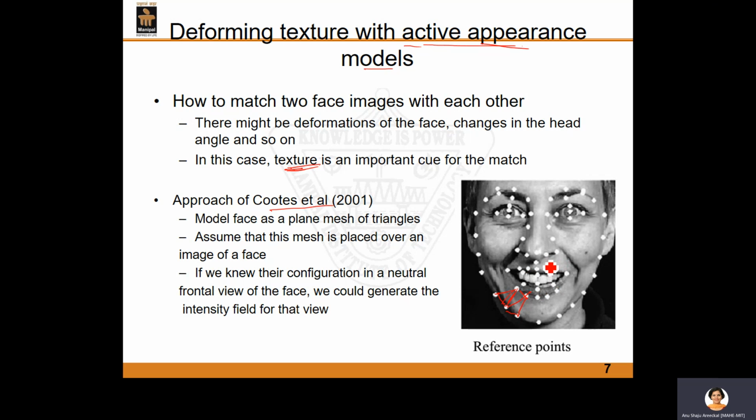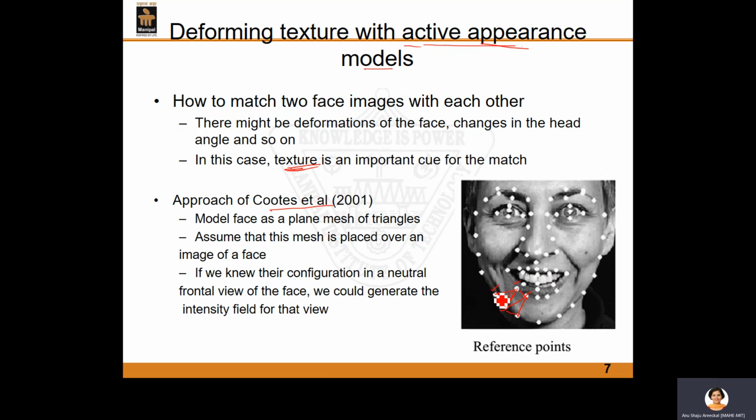make use of the barycentric interpolation that was discussed earlier. That is, if I know the pixel intensity values of these 3 points over here, then I can interpolate and find out the value of any pixel which is present inside here, okay?